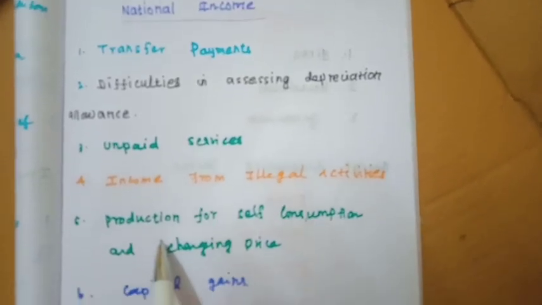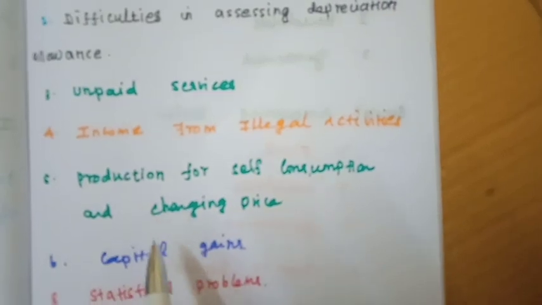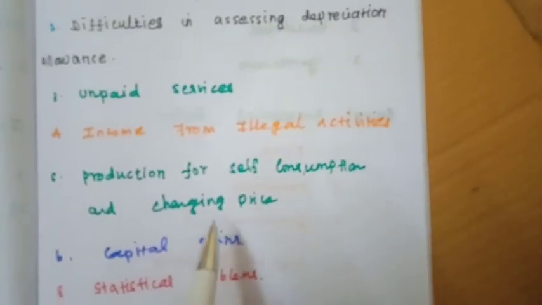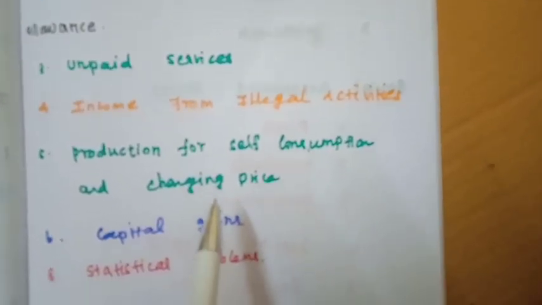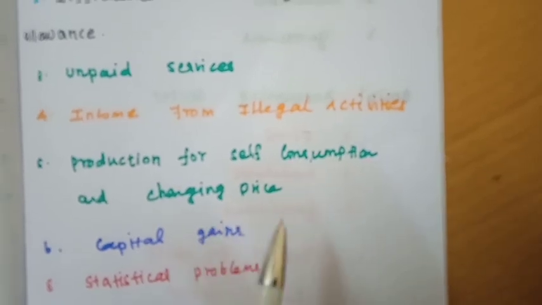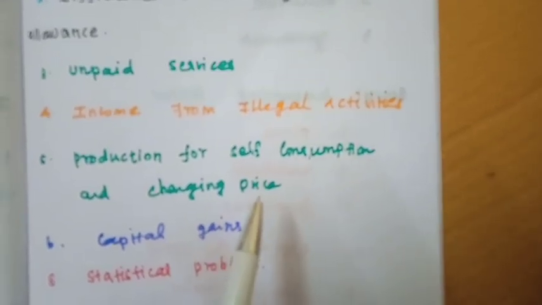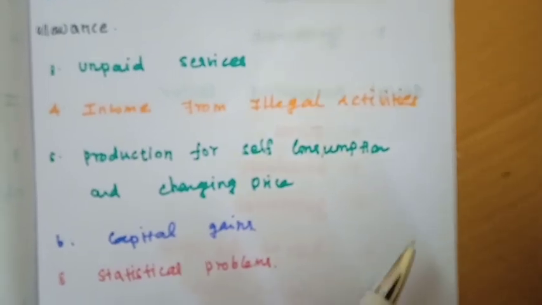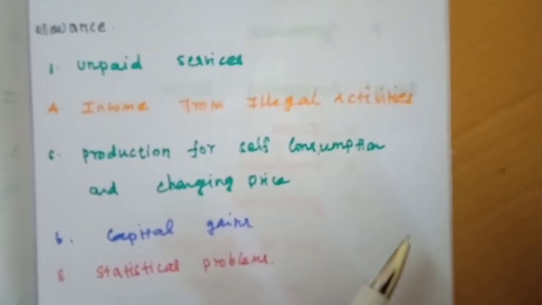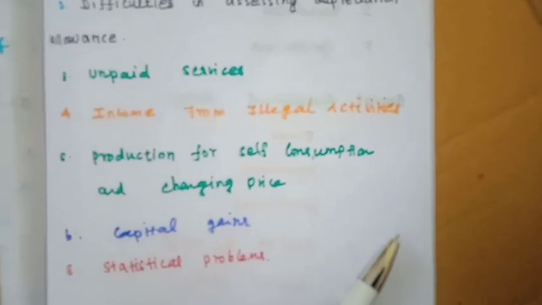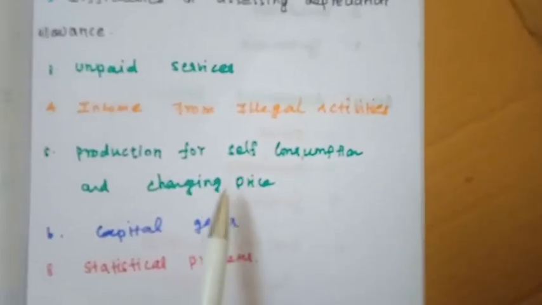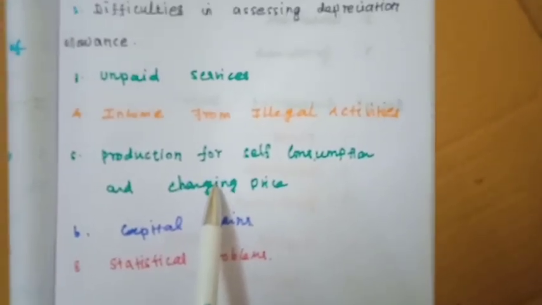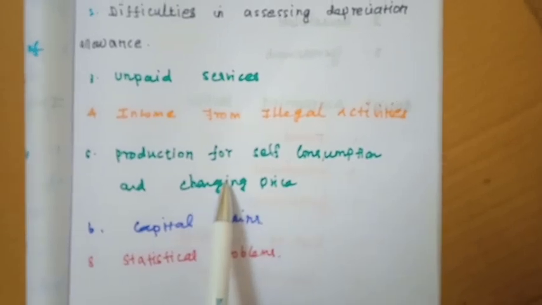And the fifth point is production for self-consumption and changing prices. For example, farmers keep a large portion of the food and other goods produced on their own land for self-consumption. The problem is whether the part of the produce which is not sold in the market can be included in the national income or not.